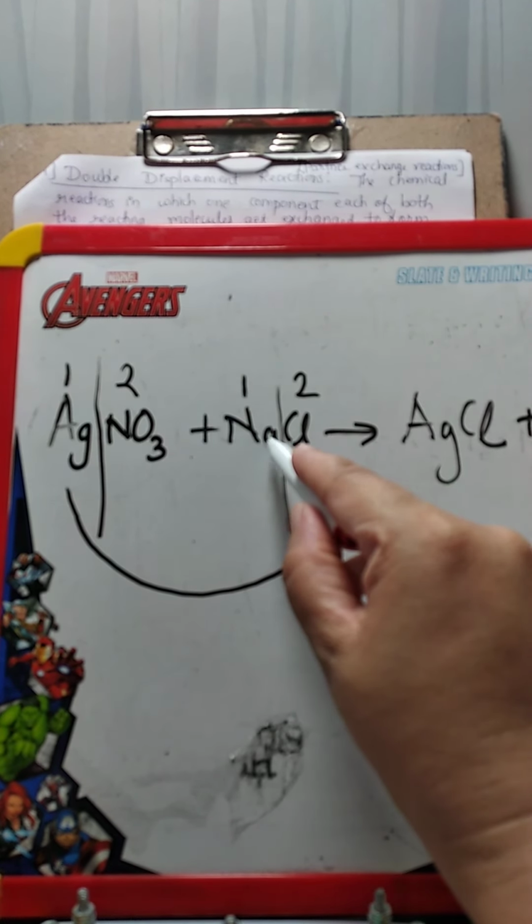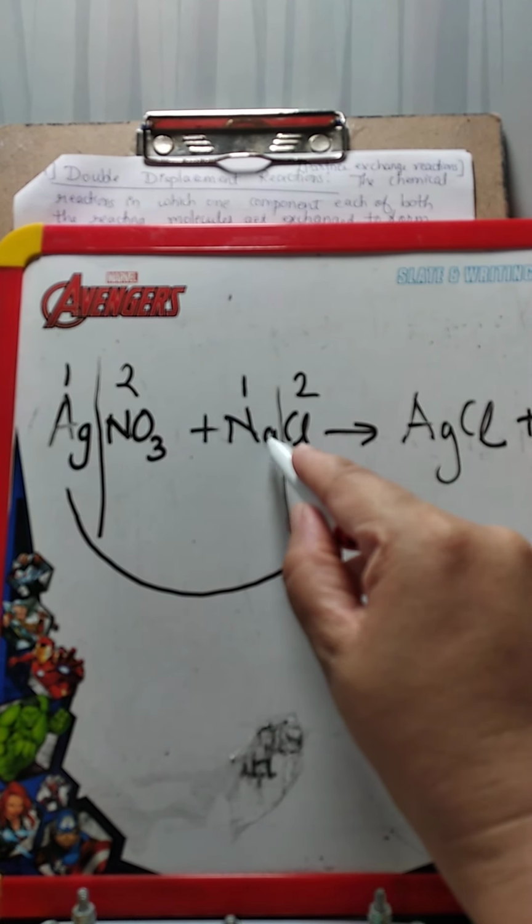So two reactants are there. I am breaking each reactant into cation and anion. Here also cation and anion. Then the cation of this combines with the anion of this, and the cation of this combines with the anion of this. So two different compounds are formed, and as you can see, partners are getting exchanged.